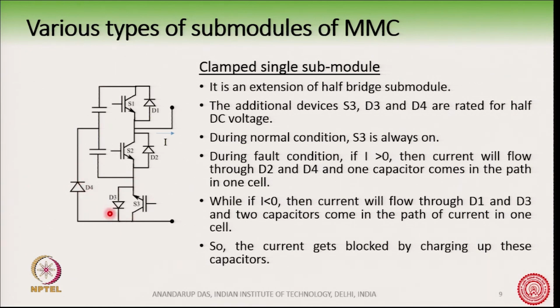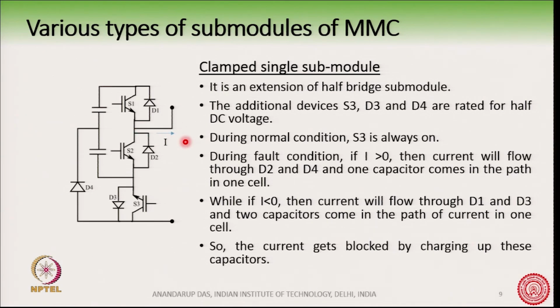But what happens at fault condition? So, at fault condition what happens is we will shut off these IGBTs here. Okay. If the fault current is greater than 0, that means the current is flowing like this, then how will the current flow?